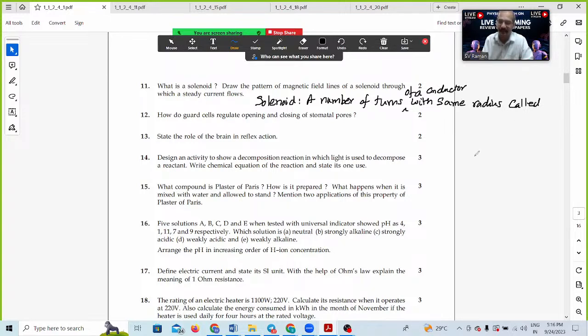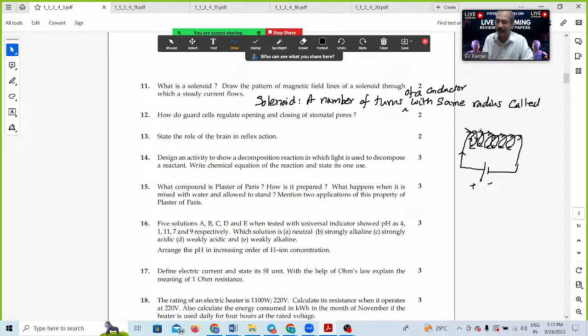So draw the magnetic field lines. Now take a current carrying conductor having n number of loops with the same radius. Okay. Now these two ends you connect, plus minus. Current is flowing from one end to another end, and in the downward direction like this, which is quite opposite.